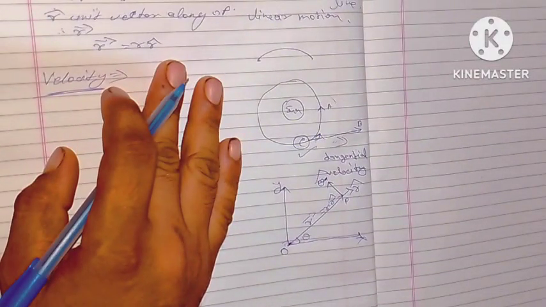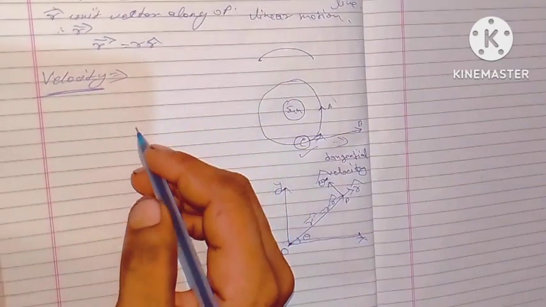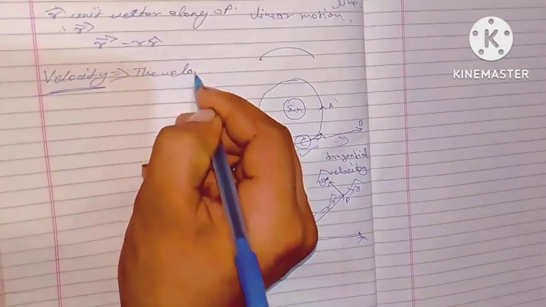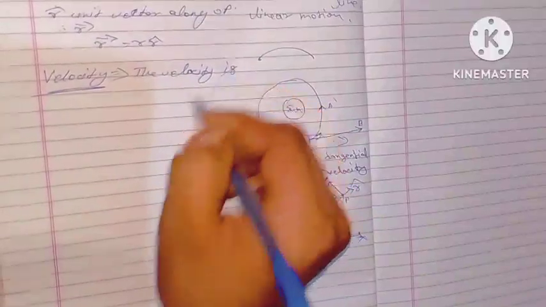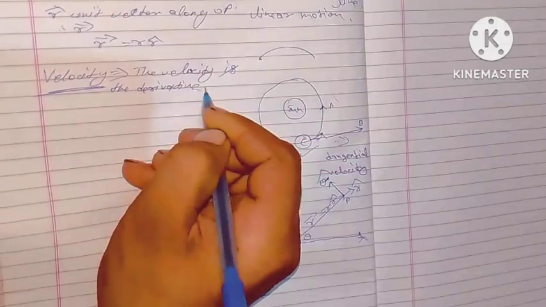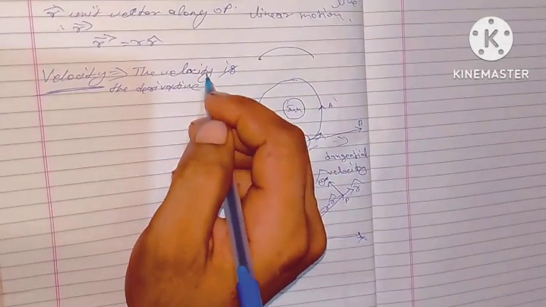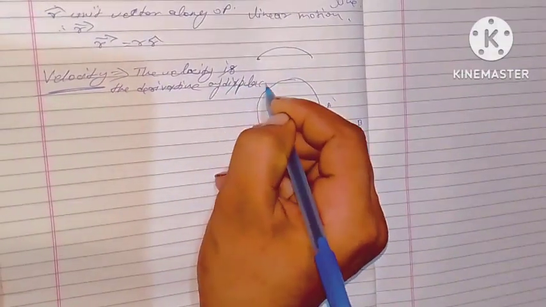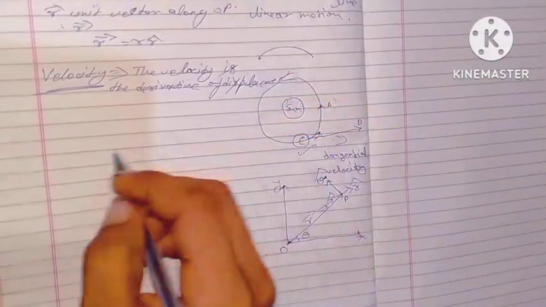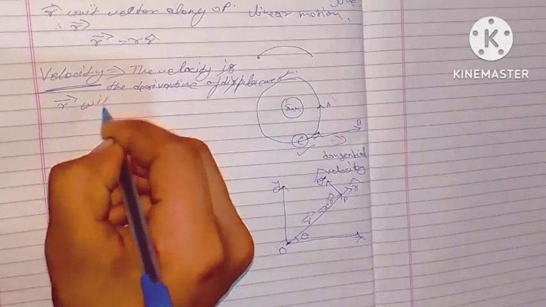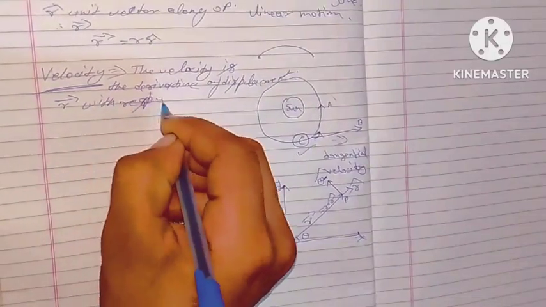The velocity is the derivative of the displacement vector r with respect to time t.